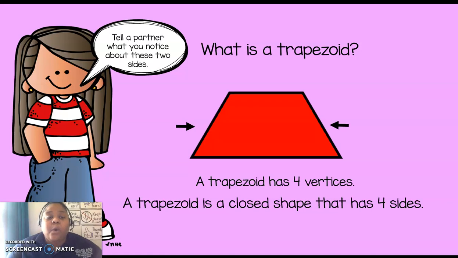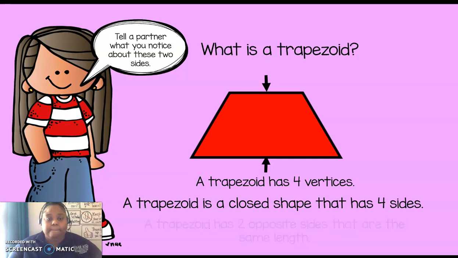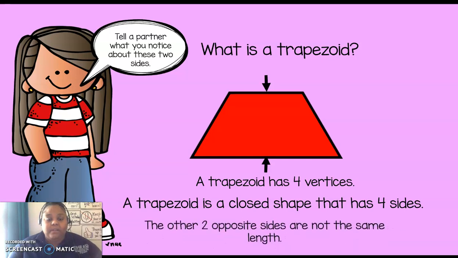Tell a partner what you notice about these 2 sides. A trapezoid has 2 opposite sides that are the same length. Tell a partner what you notice about these 2 sides. The other 2 opposite sides are not the same length. One is long and one is short.